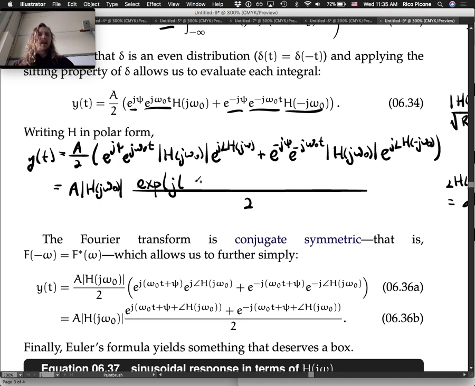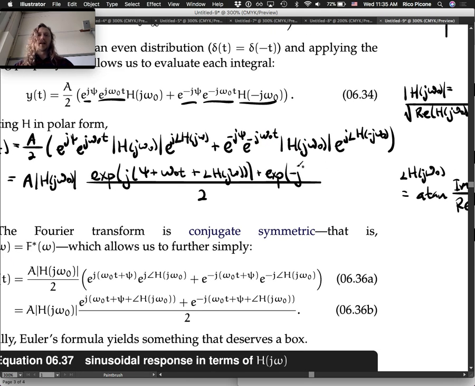So e to the j, we have a psi plus, you add the exponents, right? Plus omega naught t. Then we've got this h of j omega. Plus this one just has a minus sign out in front, but it looks exactly the same.